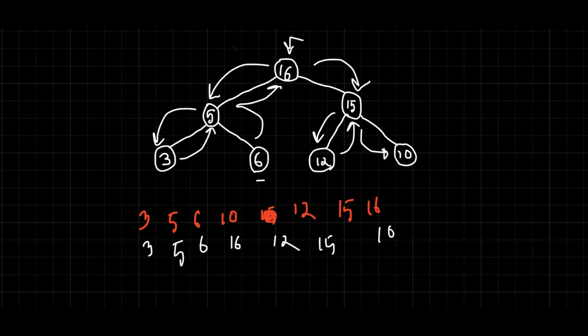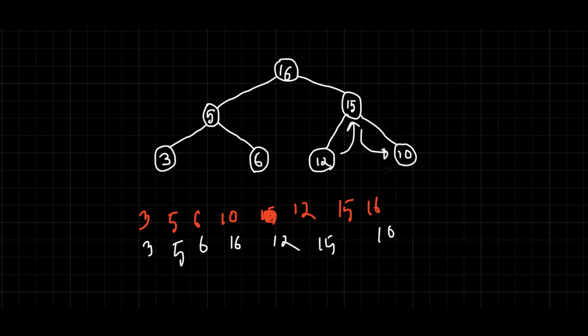Now we have two lists of values. The first one, the red one, is the in-order traversal pattern of the original tree, and the second one is the in-order traversal pattern of the swapped tree. Now, what is the difference?